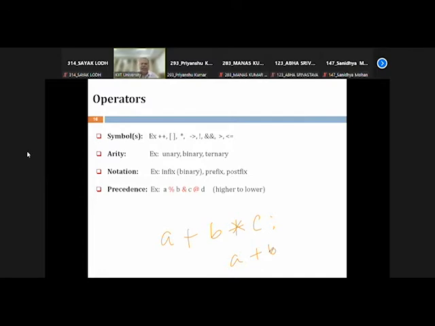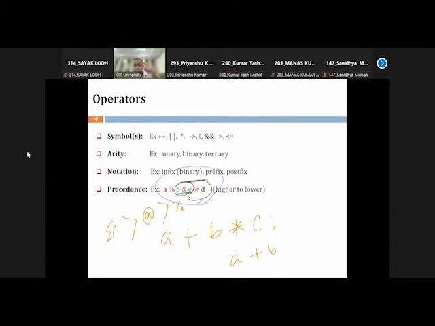If I say ampersand precedence is higher than at the rate, which is higher than percentage, which one will be operated first? Ampersand. Then at the rate. Then percentage. Is it understood or not?